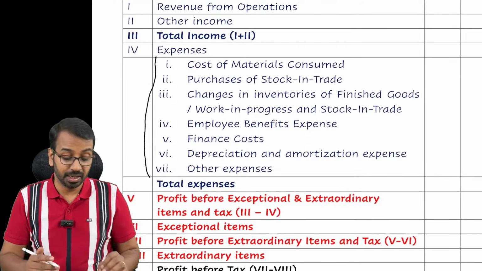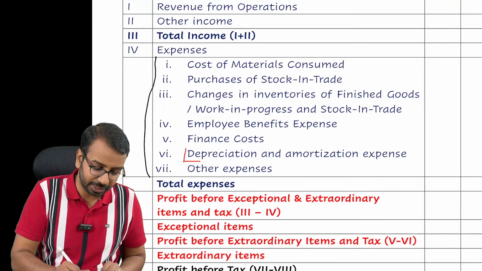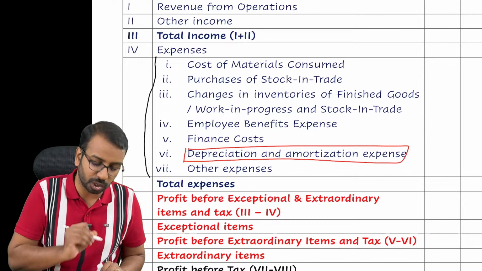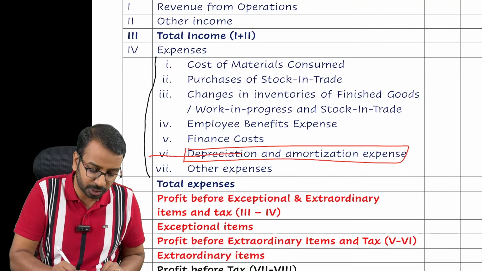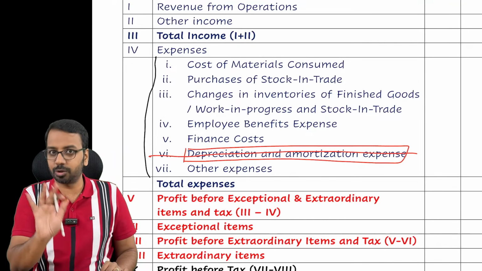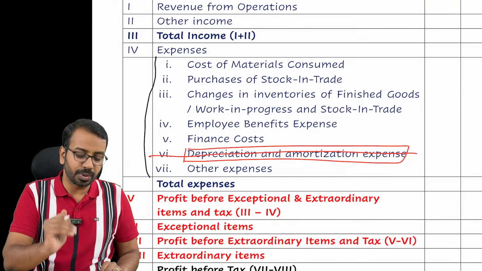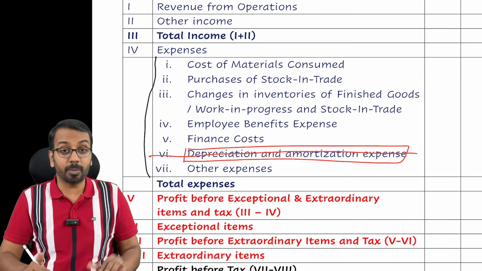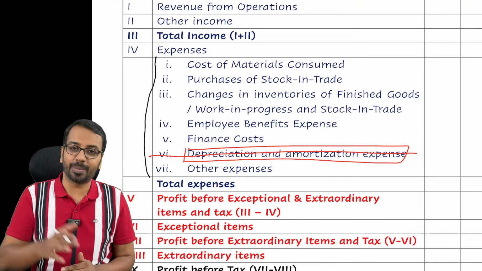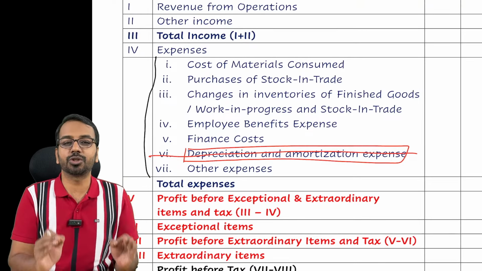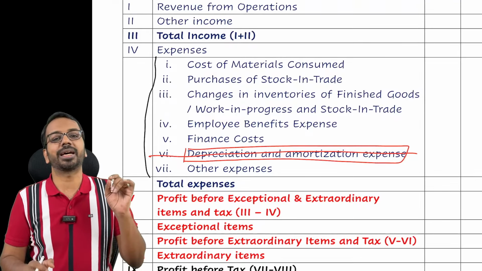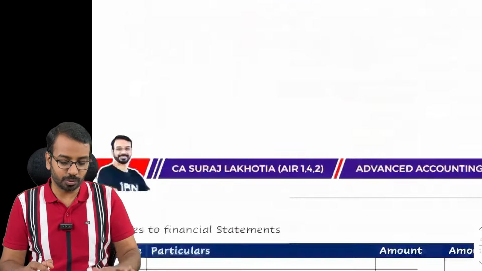If any expense head is not there, for example, if expense related to depreciation and amortization is not given in the trial balance, no need to write that item. You can simply ignore that. In my format, I am showing the entire P&L and entire balance sheet. In your solution, you will show only those that are relevant. Okay, so that is one more thing.